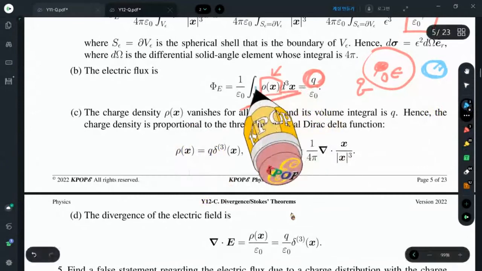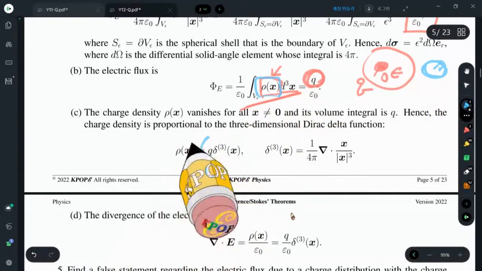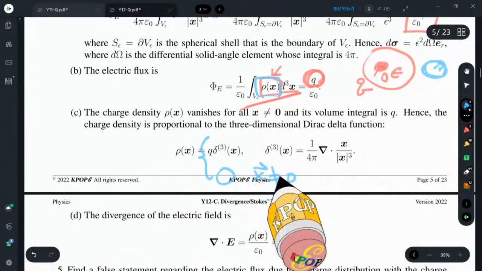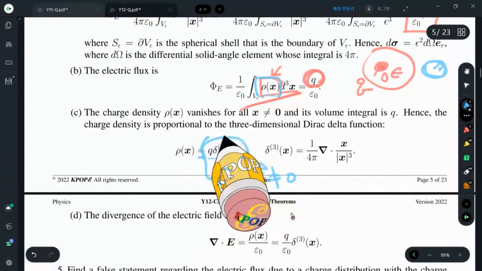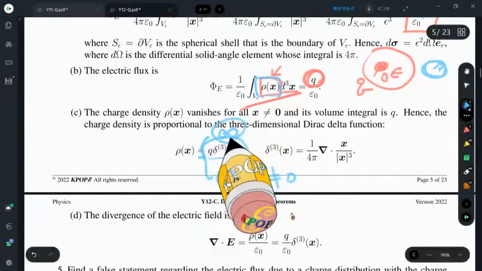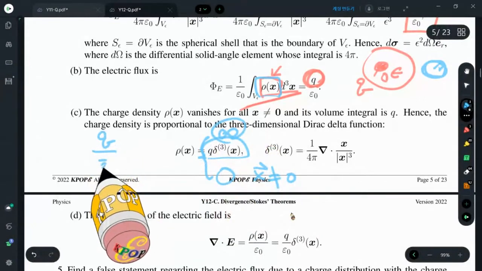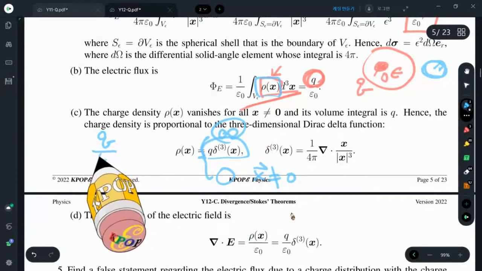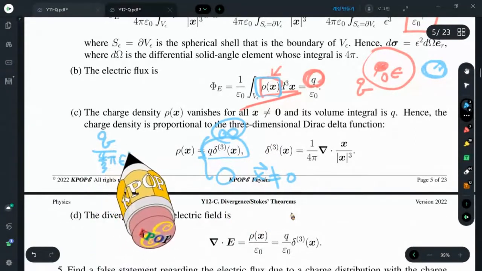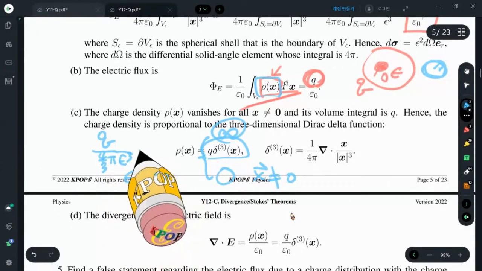So this density seems to be 0 everywhere. This density is 0 for x not equal to 0. This density goes to infinity, although why infinite? Charge q divided by the volume, 4 pi epsilon cubed over 3. This is the volume, and you can take the limit epsilon goes to 0.